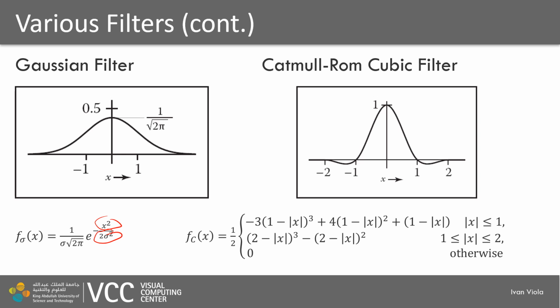Another filter which can be used for reconstruction purposes is the Catmull-Rom cubic filter, and this filter is also a cubic filter, as the cubic B-spline was. However, it is an interpolative filter, as we can see here, unlike, for example, the Gaussian filter, which is not an interpolative one.